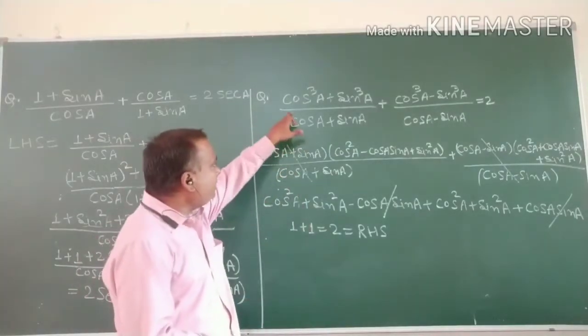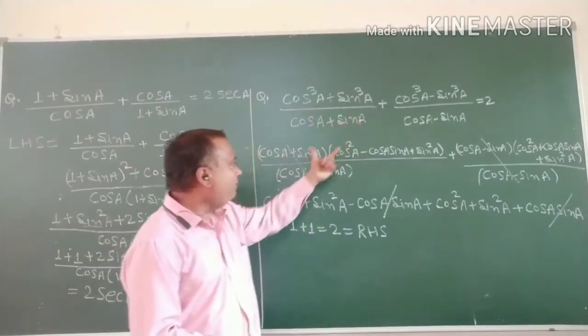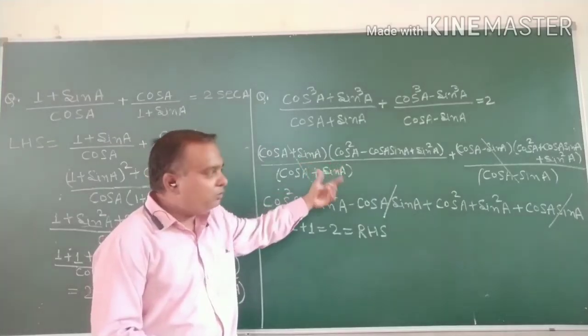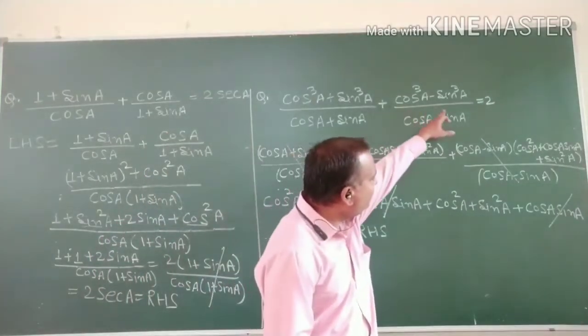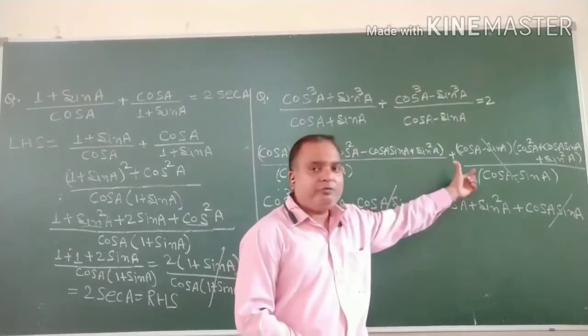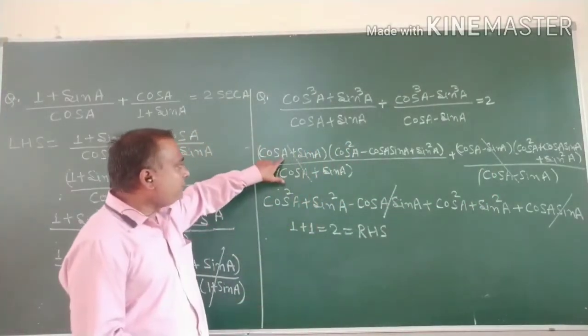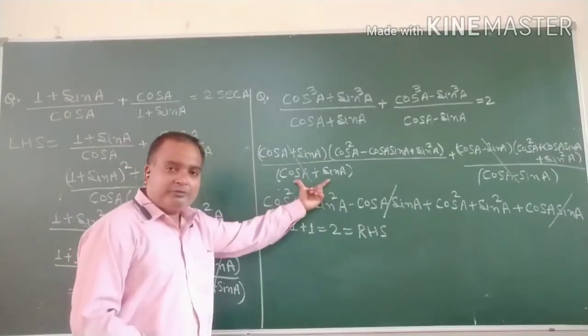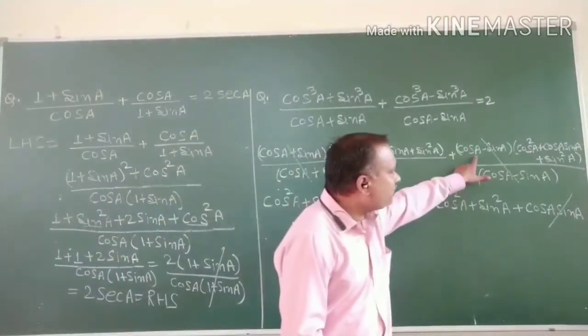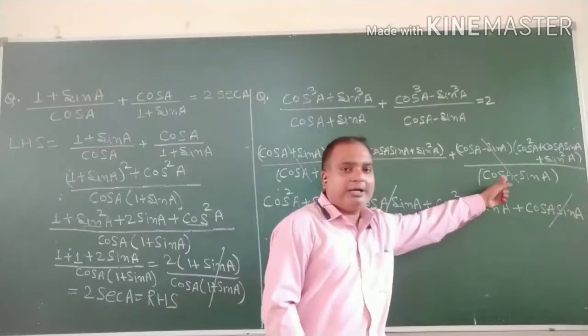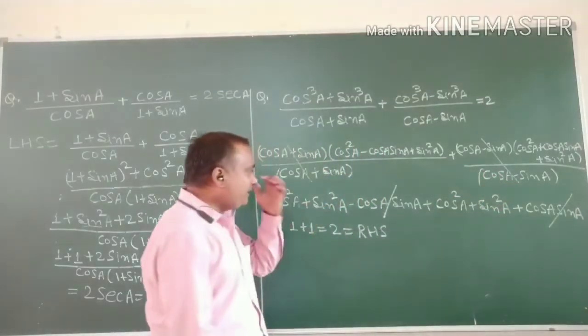So we expand cos cube A plus sin cube A by the identity of a cube plus b cube, and cos cube A minus sin cube A by the identity of a cube minus b cube. So here cos A plus sin A is cancelled out with the denominator. Here cos A minus sin A is cancelled out again with the denominator. So what are the remaining terms?